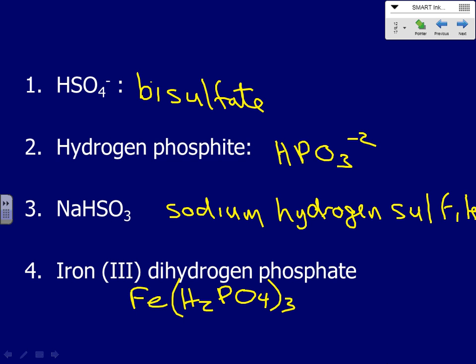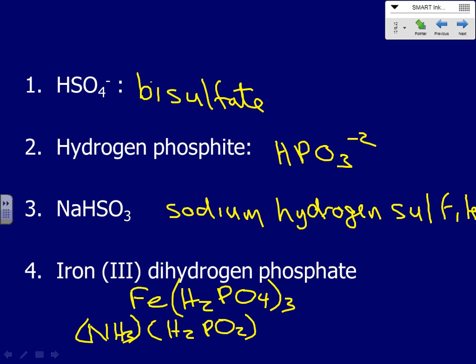All right? And just for the sake of talking about ammonium dihydrogen hypophosphite, just for fun, it's actually going to look like this. The ammonium is NH3, all right? And the dihydrogen hypophosphite is H2PO. If it's a hypophosphite, how many O's am I going to have on that? 2.